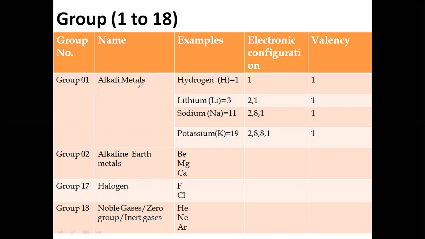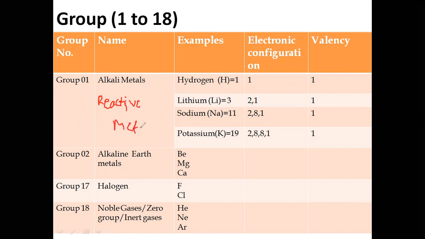Alkali metals, what does it mean? These metals generally form metal oxides, or in simple words, these are highly reactive metals. So try to understand, these are highly reactive metals.